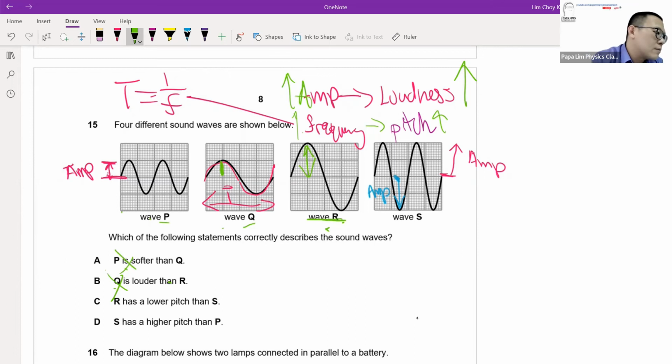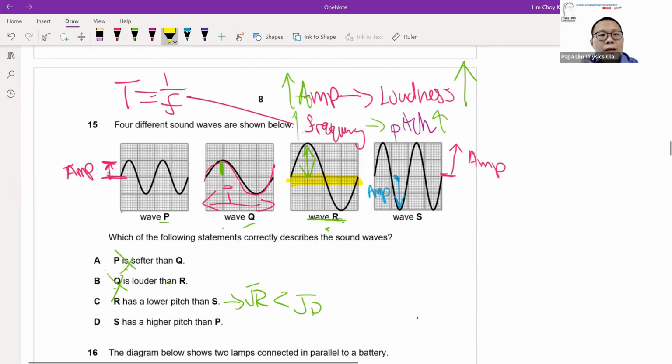Then we look at R has a lower pitch than S. It means the frequency of R is lower than the frequency of S. Take note of the wave itself. If I look at the pitch, R definitely has a lower pitch because the period of the wave is quite big compared to S. For S, the time for one cycle is actually smaller.